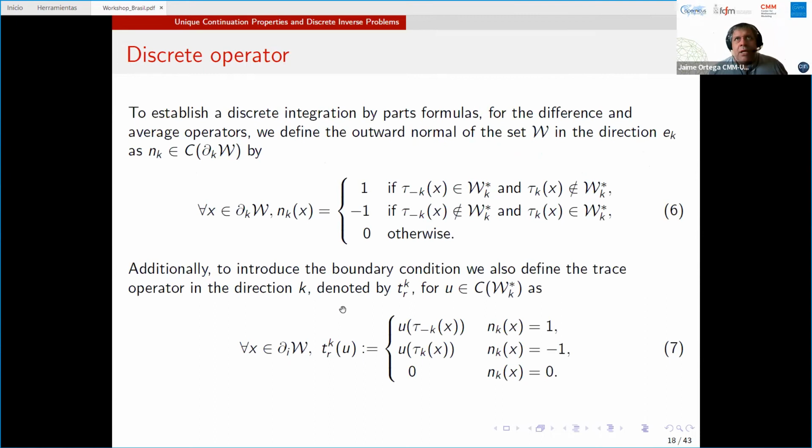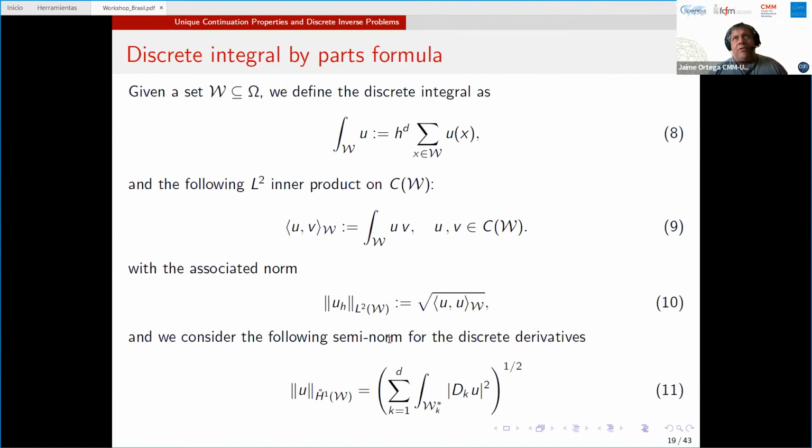We also need to define the normal, because this is a square. The normal vectors go in this direction or this direction, so they are 1 or -1 in some direction. We need to consider this kind of normal.